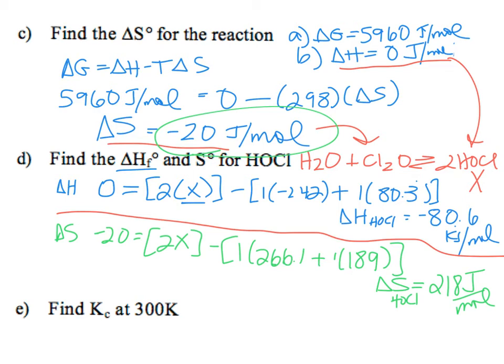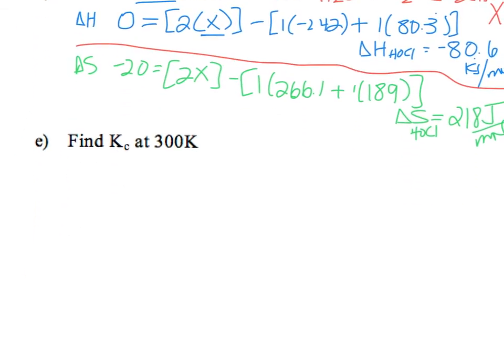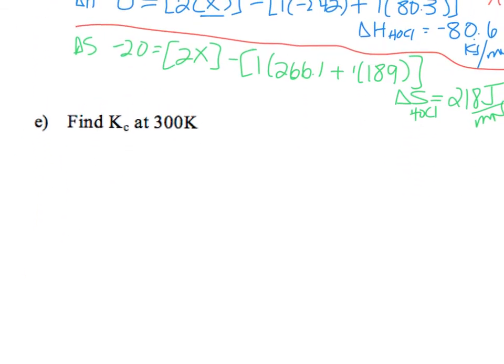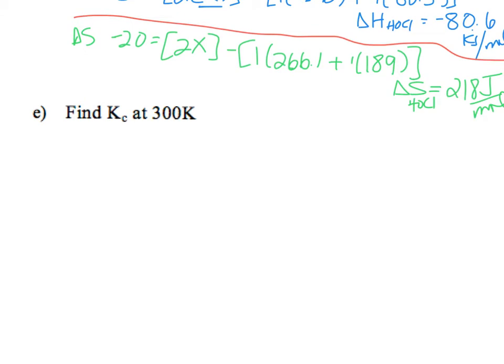Okay, and the last part, part E here, is asking for us to find the K at 300. Well, I can't find the K at 300 unless I know the G at 300. So I'm going to use delta G equals delta H minus T delta S, and again utilize information that I've already solved for. Delta G we have was not for 300, it was for 298.